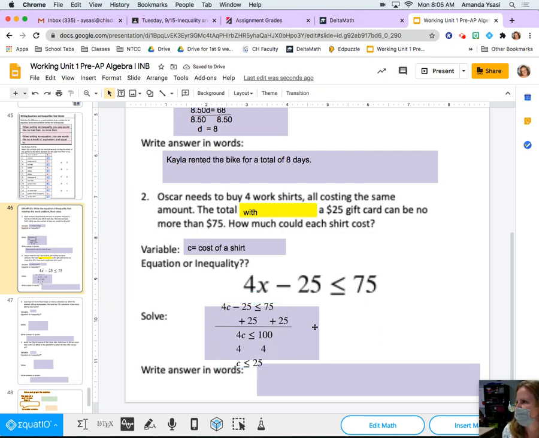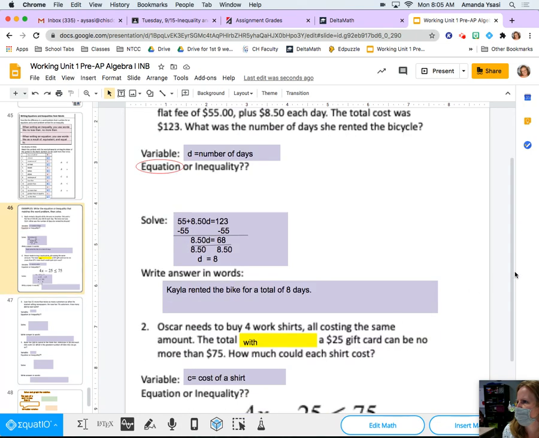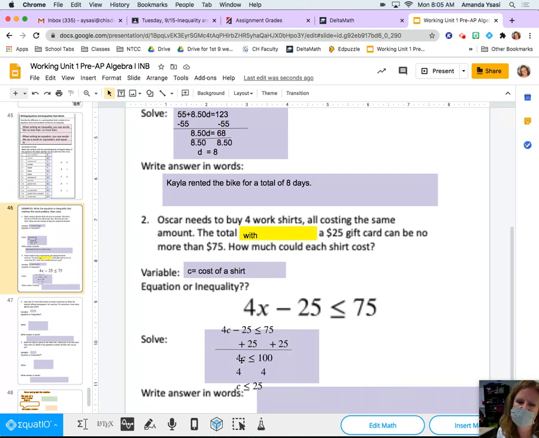All right, so C is less than or equal to 25.